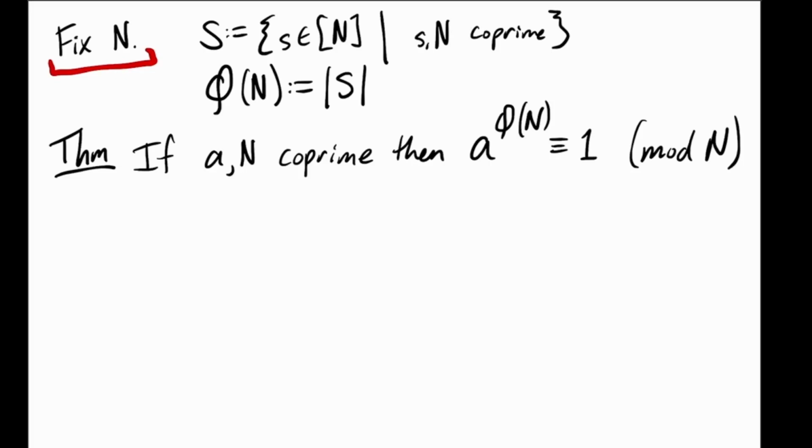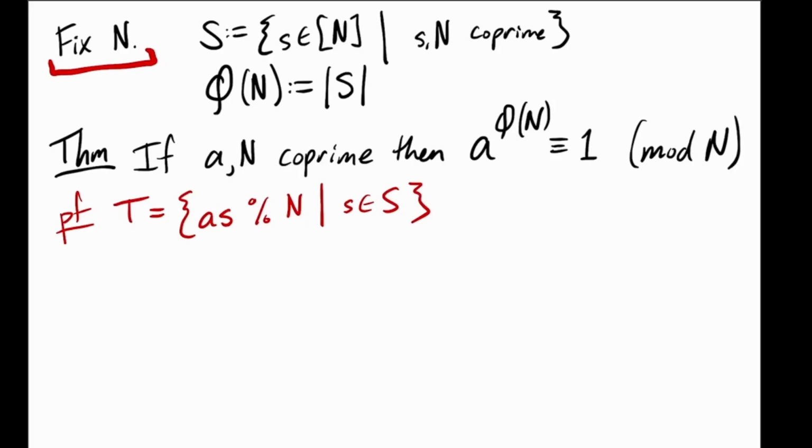All right, so I'm going to give you a complete proof of this. At first, it's going to seem a little strange. I'm going to just define some other set, T, and I'm going to build it from S. So what I'll do is I'll take every element s in S, and I'm going to multiply it by a and take it mod n. Okay, this is a function we've seen. This is the one we used previously to permute the numbers from 0 to n minus 1.